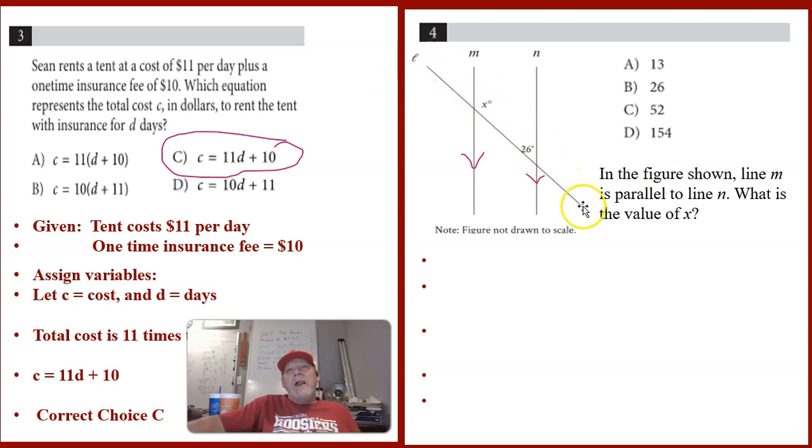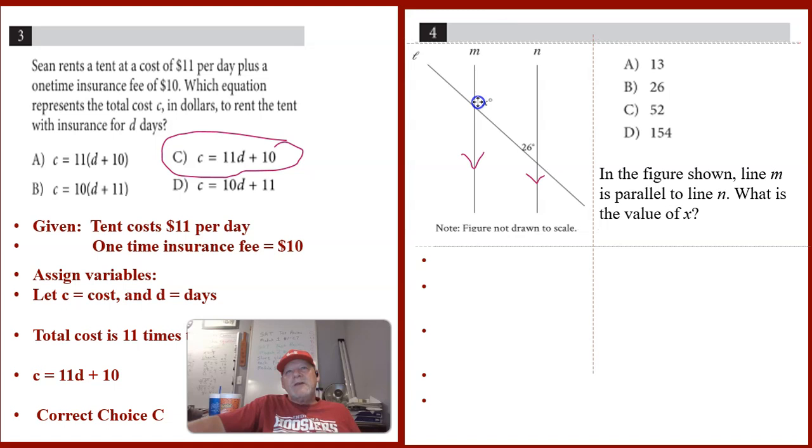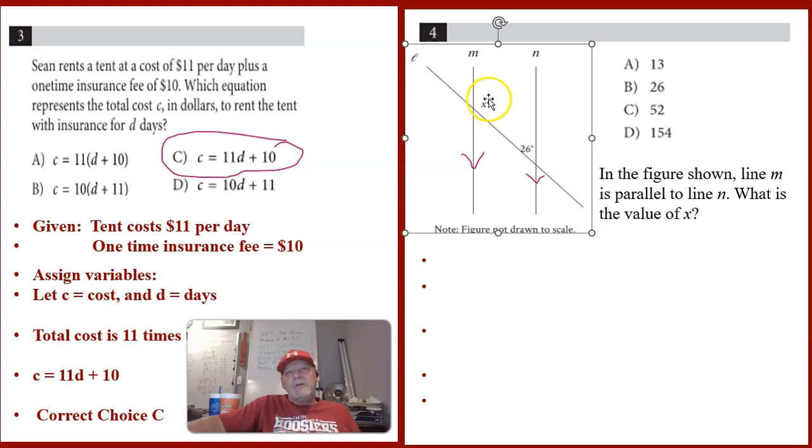Line L here is called a transversal that intersects M and N, creating 8 angles. 1, 2, 3, 4, 5, 6, 7, 8 angles, and 2 of them are marked here, 6 are unmarked.